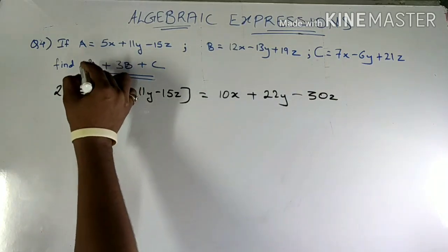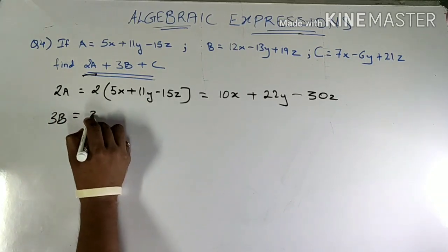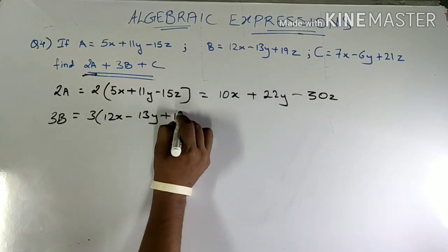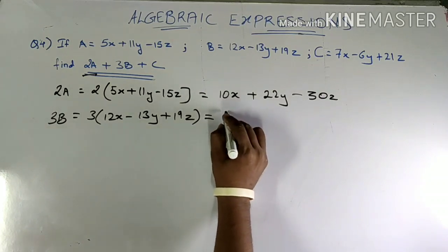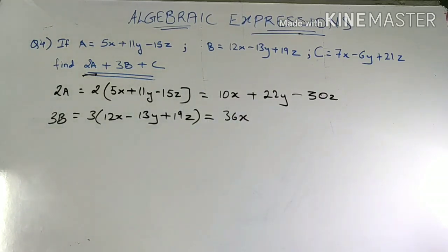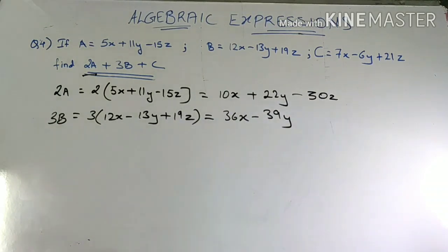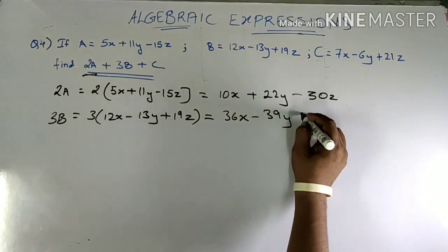So this is your first term that we have got. Now 3b. 3b is nothing but 3 into 12x minus 13y plus 19z. 3 12s are 36x minus 39y, and 3 into plus 19, that is plus 57z.